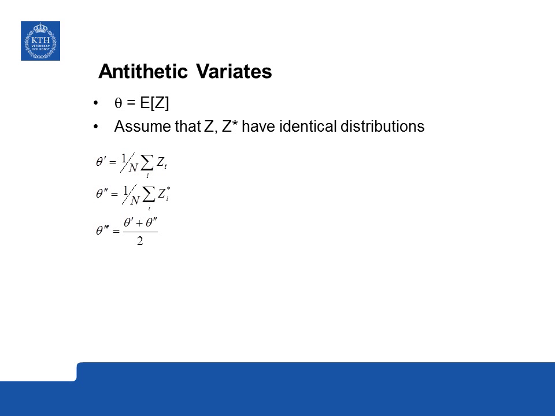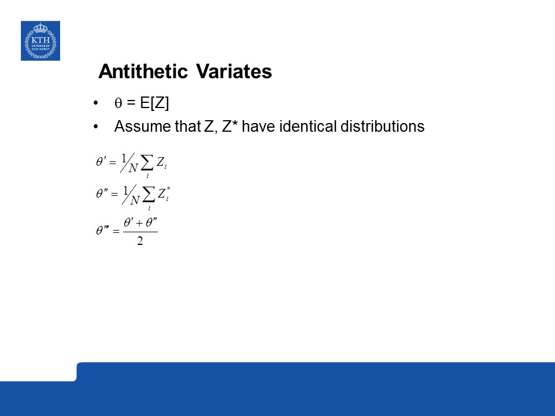We can make an estimate of theta based on Z, called theta prime, and we can make an estimate based on Z star, which we call theta bis. Both of these, theta prime and theta bis, are unbiased estimators, or would have expectation theta, so both of them work.